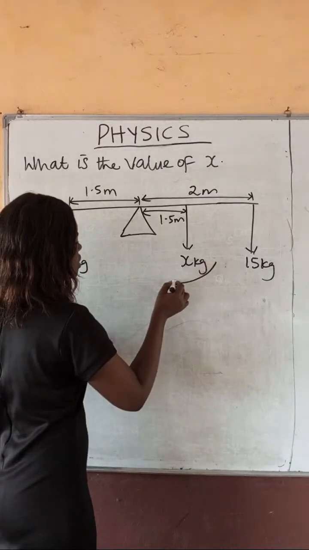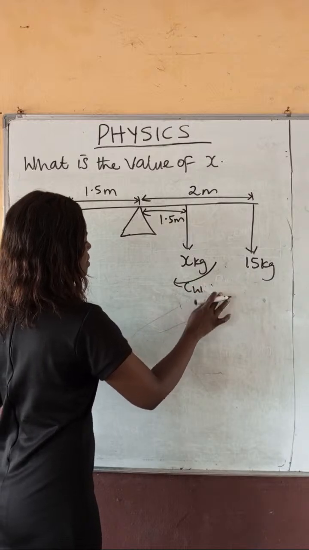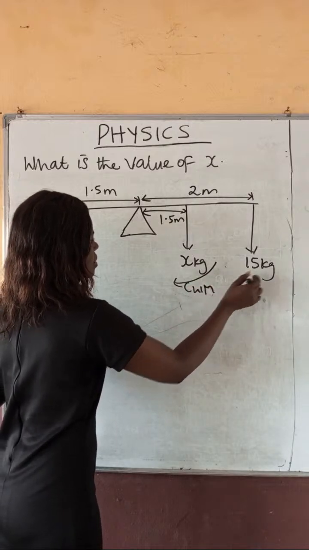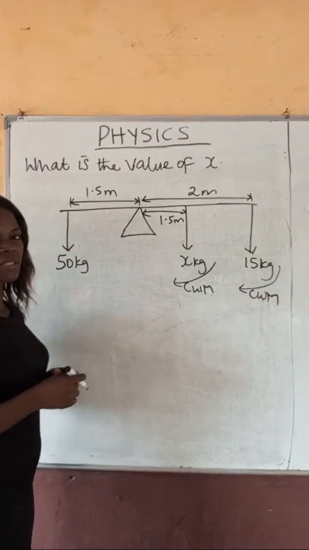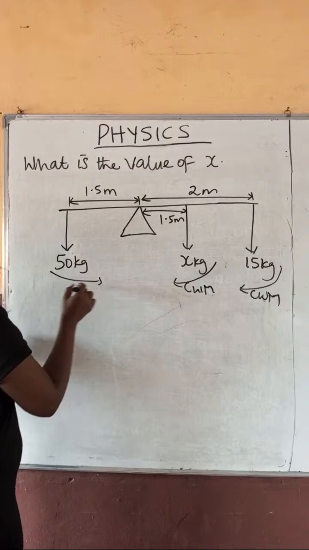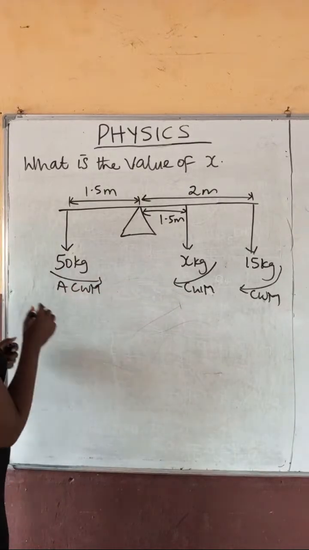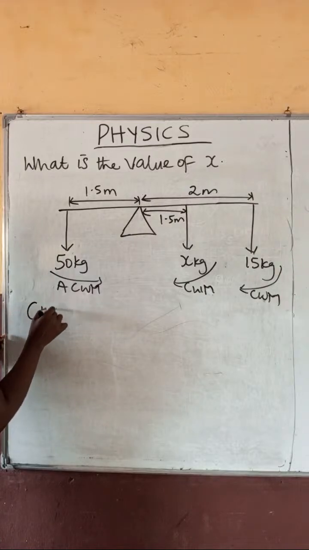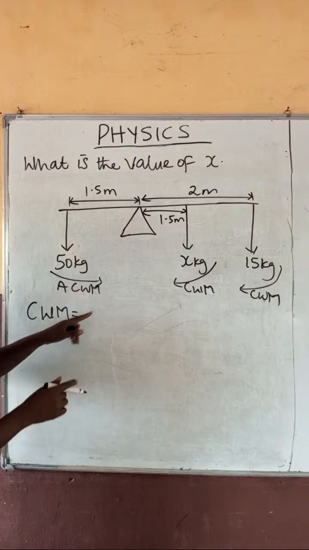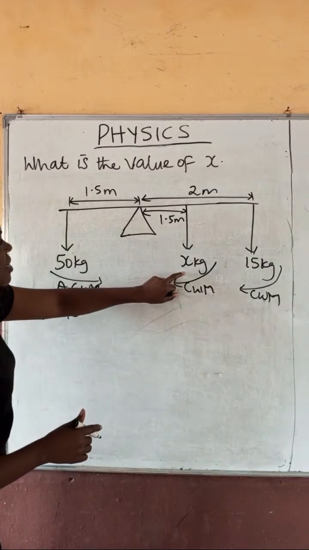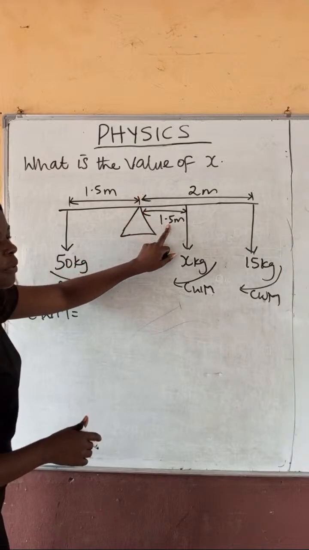This is what? Clockwise moment. This is what? Clockwise moment, right? While this is what? Anti-clockwise moment. So my clockwise moment is equal to what? This is X. The distance from here to the center of the pivot is 1.5.